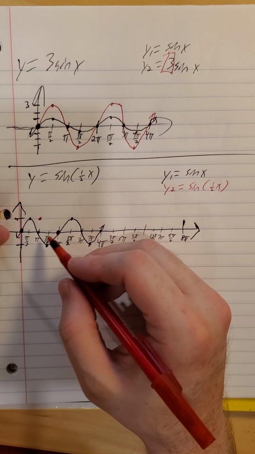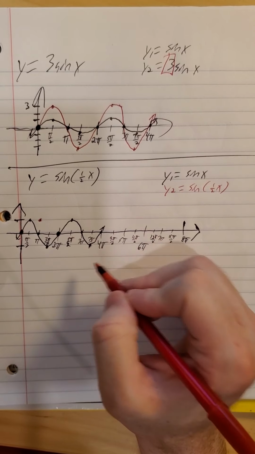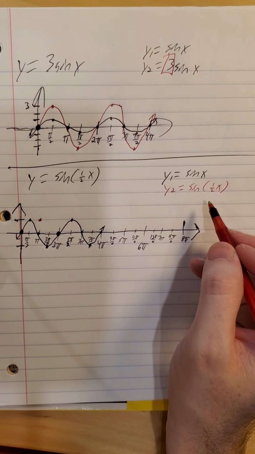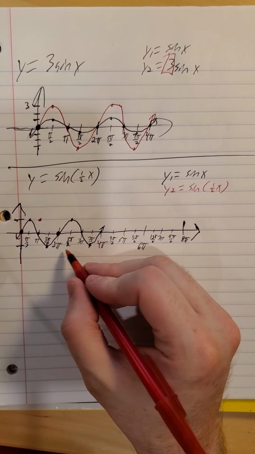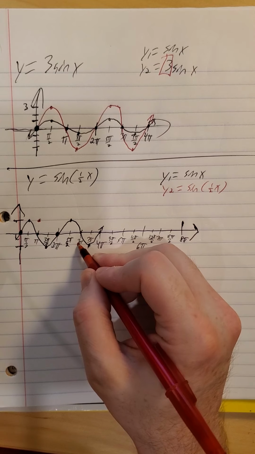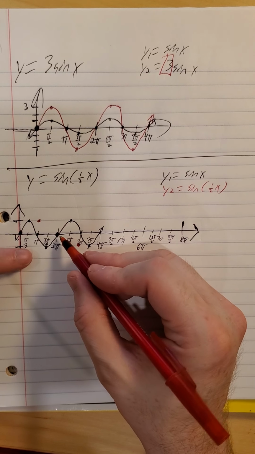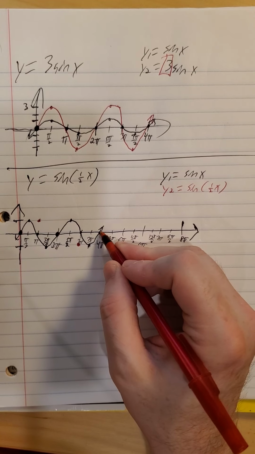So everything is taking basically twice as long to do. To get a 3 pi over 2 in there, I have to go to 3 pi. To get the 2 pi in there, we've got to go to 4 pi.